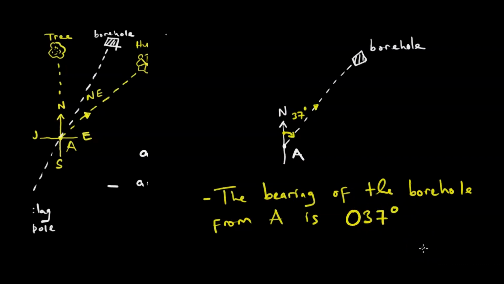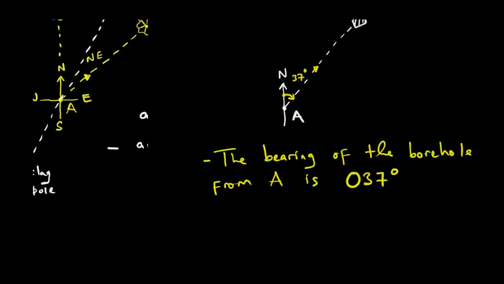And the 0 at the beginning is important. My friends, these three figures are what is called a three-figure bearing. It must have three figures. Here we see that our angle is actually 37 degrees, but for the sake of staying true to the three-figure bearing, we write it as 037 degrees.